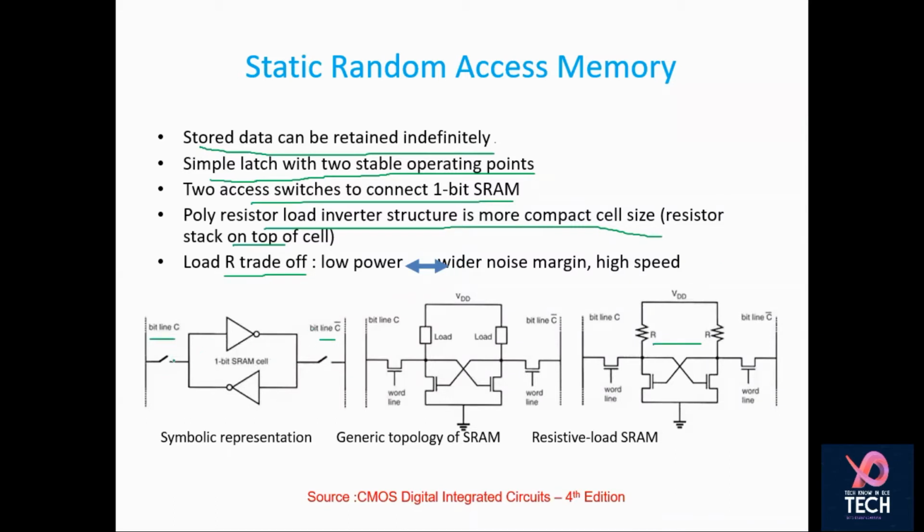When these switches are closed, suppose 1 is there, 0 is there. So 0 is going as input of this, so your output will be 1, and 1 is giving you output as 0. That means this particular state of your system is being latched.